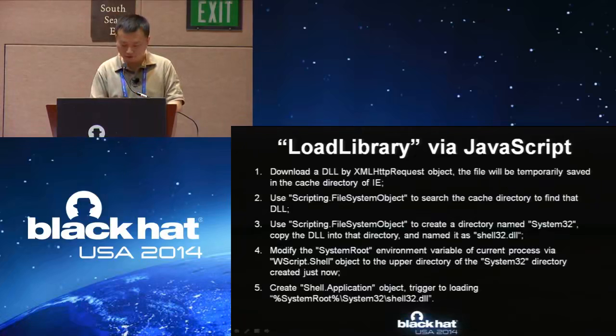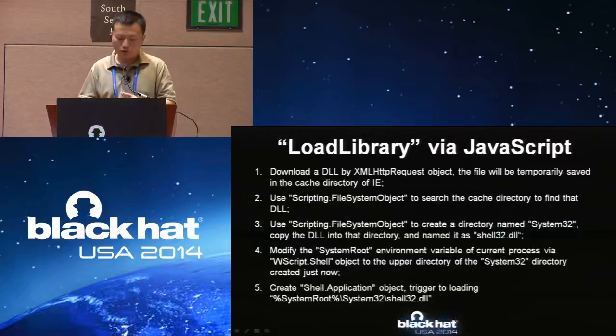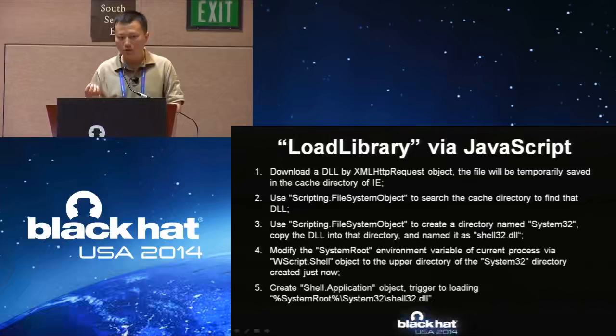That's the second step. And then we use FSO to create a directory named system32. That's our fake system32. And copy the library to that directory, and name the library shell32.